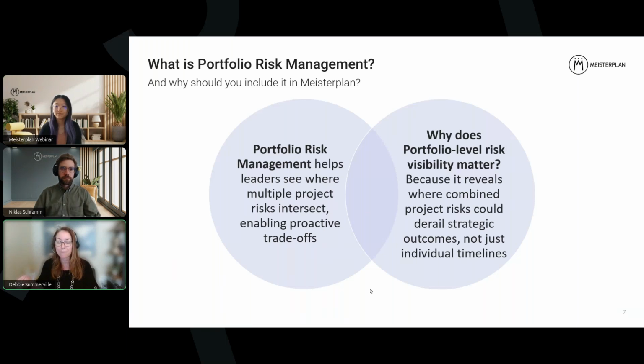Project may fail, you don't want the value of your strategy to fail, and that's what's important at a portfolio level and why there would be reasons to do this within Meisterplan.